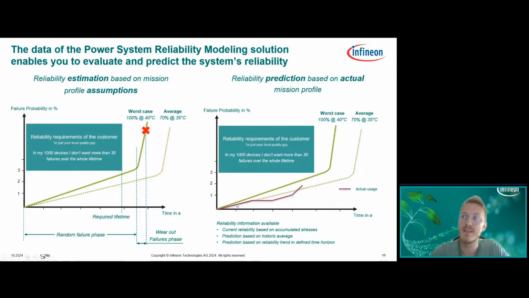He can see, for example, that in the first 2 years, the failure rate was pretty much equal to the average reliability assumptions. But then, for the next year, for some reason the device was operated in standby for quite a long time, and there was very little degradation. But then it was deployed in the field again, and so it picked up.